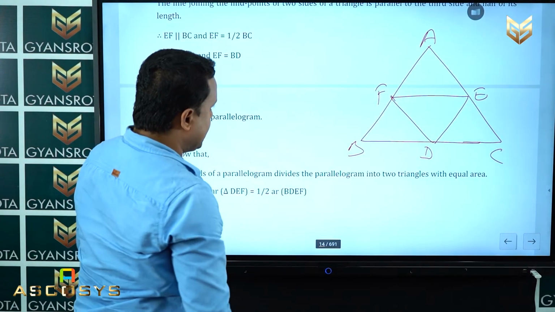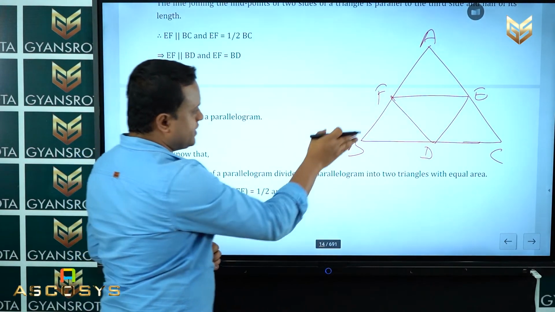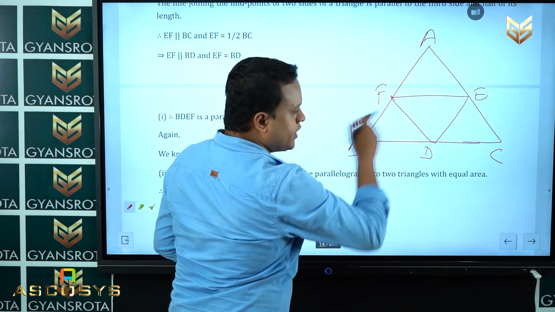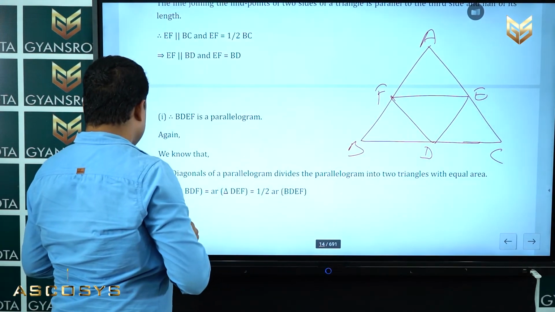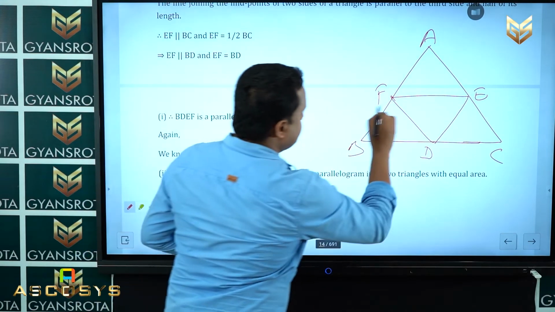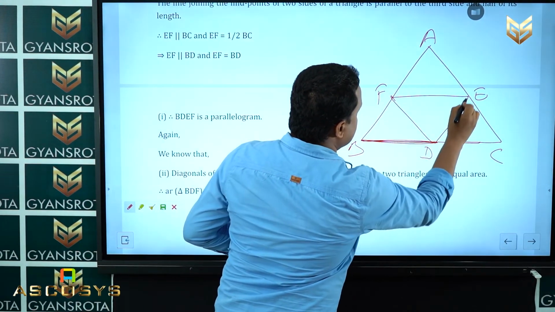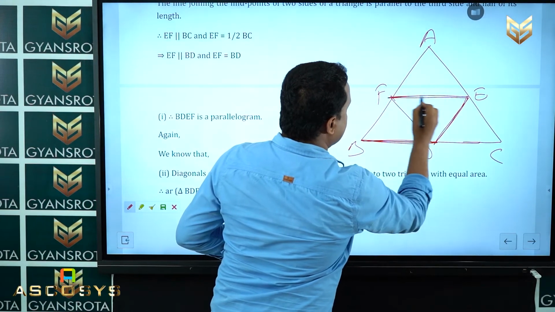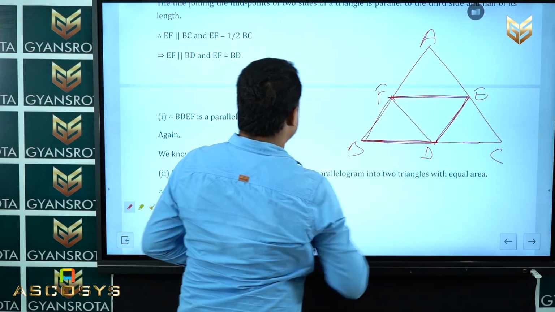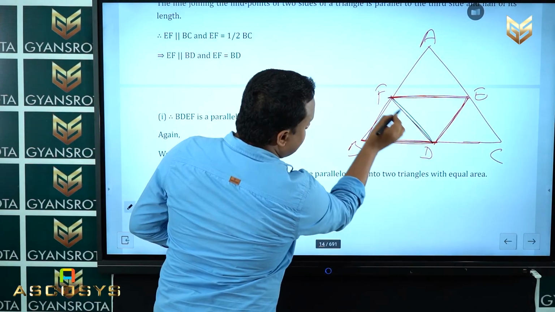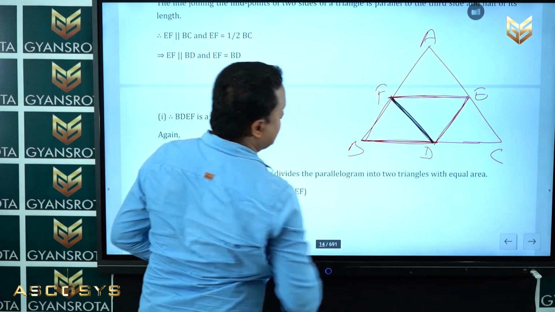Now we know that the diagonal of a parallelogram divides the parallelogram into two triangles of equal area. Here we have this parallelogram BDEF, and DF is the diagonal.